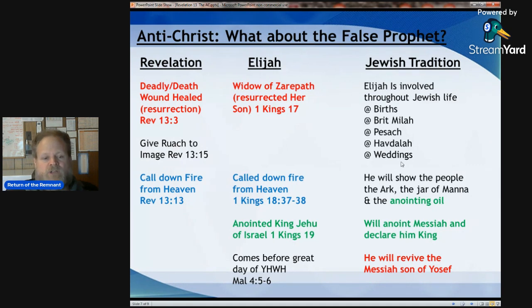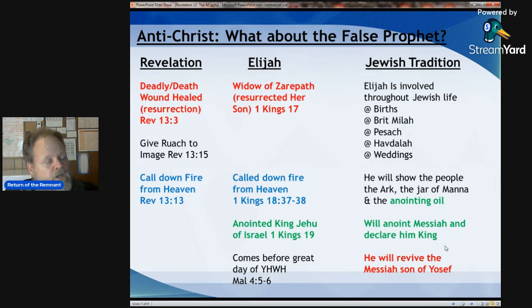According to Jewish tradition, Elijah is going to be the one who is going to revive Mashiach ben Yosef. If you ever have some time, do a little search on the two Mashiachs, Mashiach ben David and Mashiach ben Yosef, and it'll be a lot different than what Messianics and Hebrew rooters believe, with Messiah coming first as Messiah ben Yosef and then coming again as Messiah ben David.